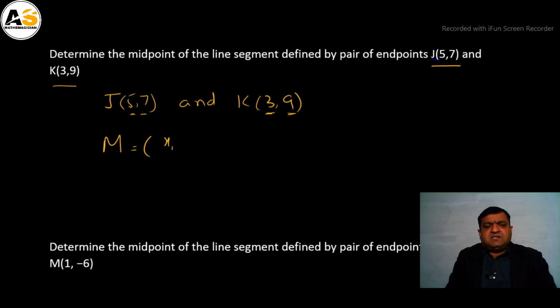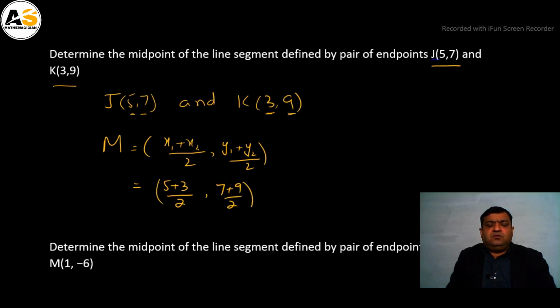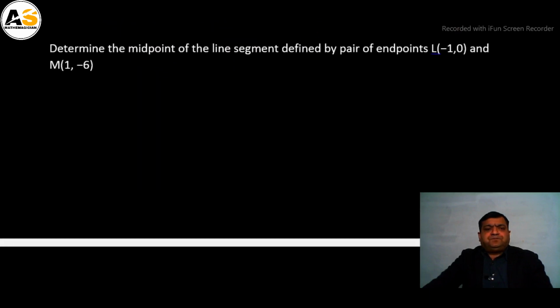This is (x1 plus x2) over 2 and (y1 plus y2) over 2. I simply put in the values: (5 plus 3) over 2 and (7 plus 9) over 2, which will be 4 and 8. So (4, 8) is the midpoint of the given 2 points.